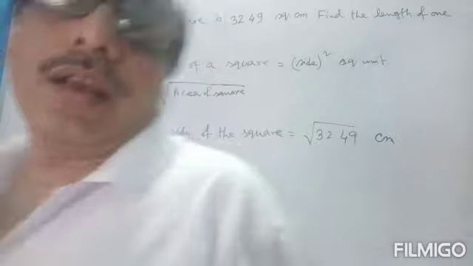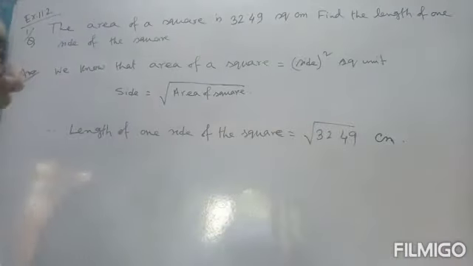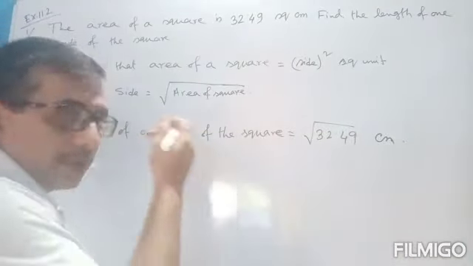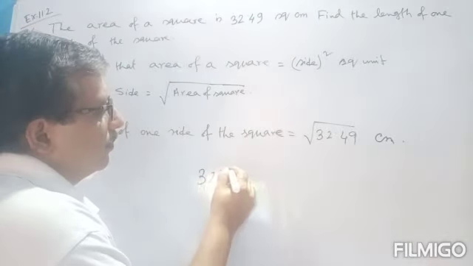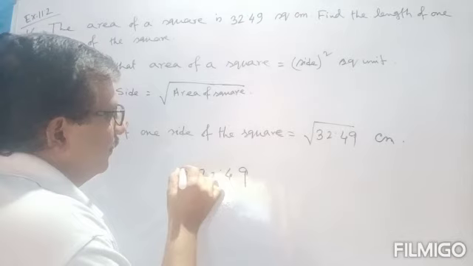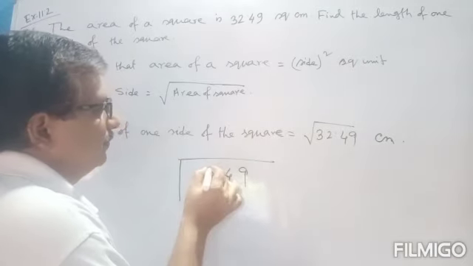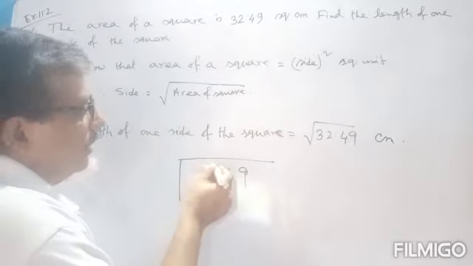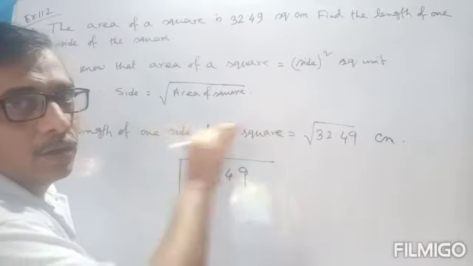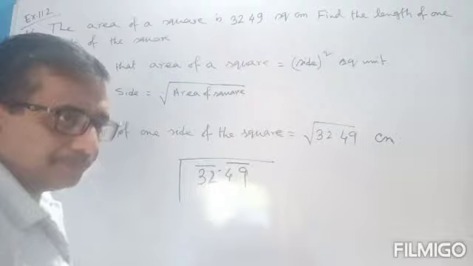Okay. So, how do we get this? Find the square root of this like the previous method. 32.49. Take this sign and pair from the point. We go through left, and from the position of the point we go through right.